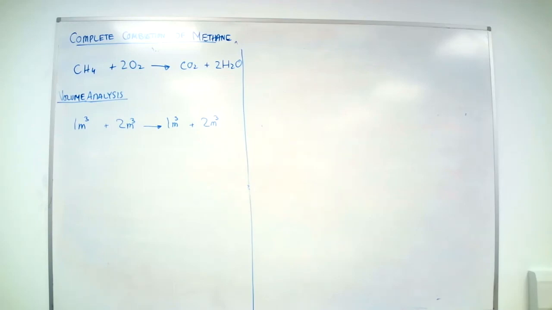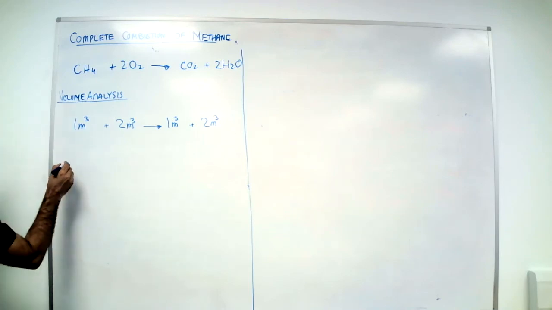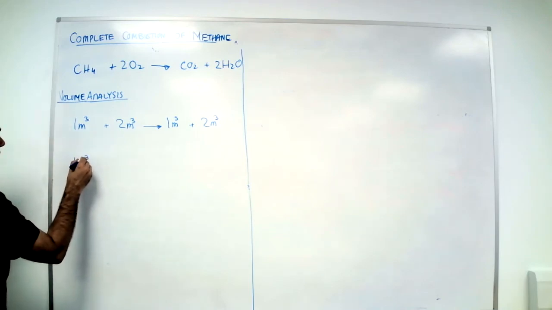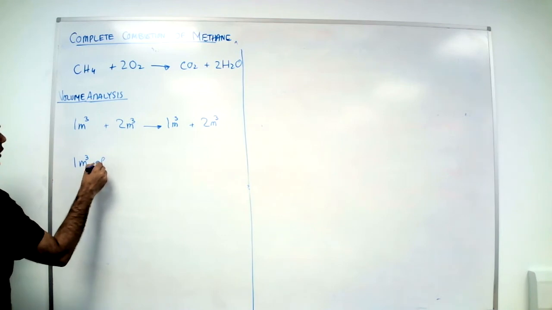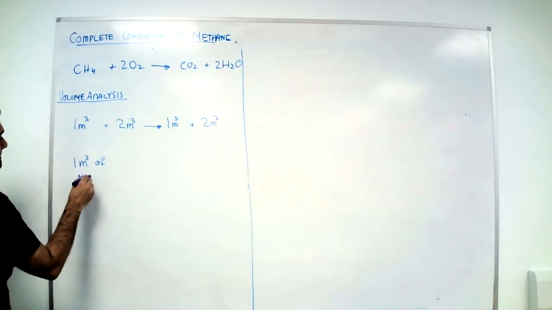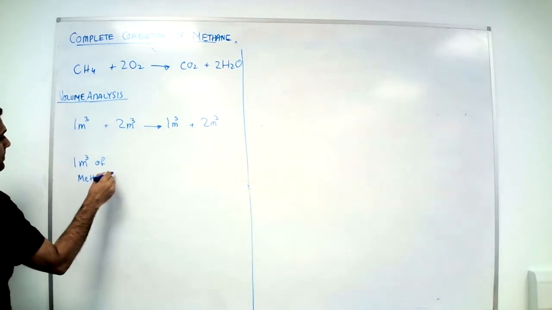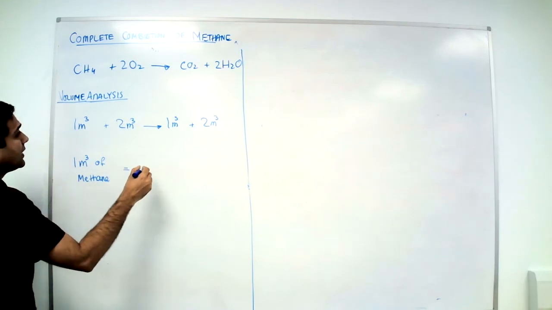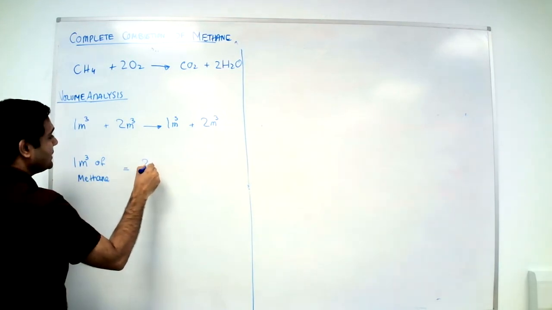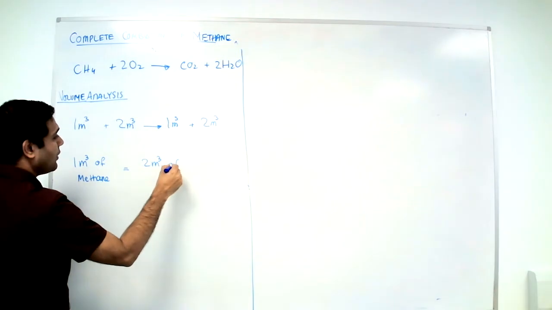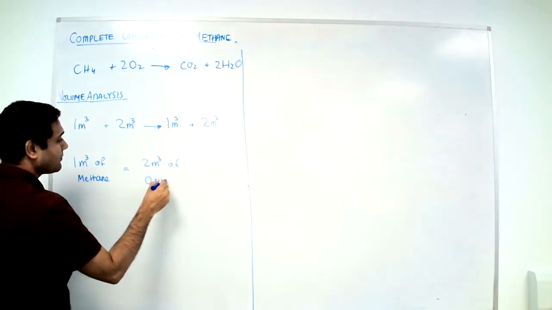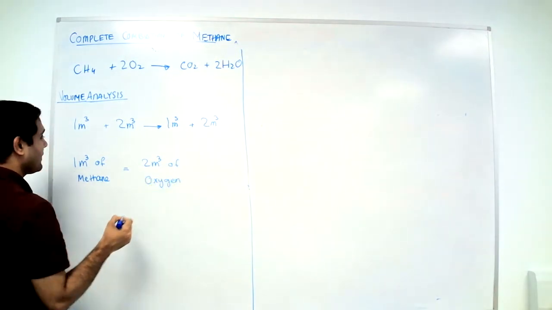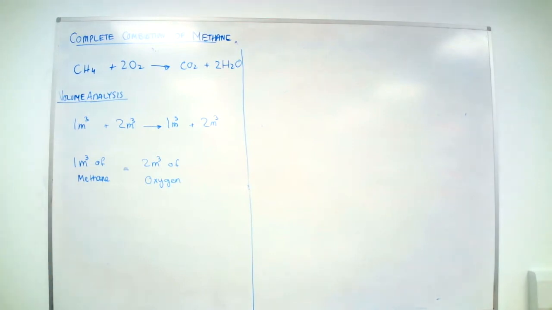So I'm just going to do 1 meter cube of methane requires 2 meter cube of oxygen. Okay. Now 2 meter cube of oxygen.